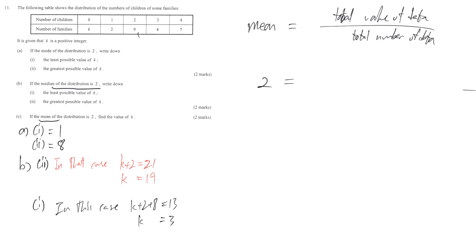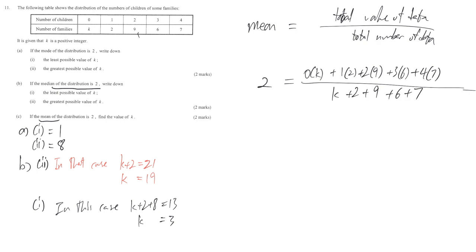And then the total value is 0 appearing k times, plus 1 appearing 2 times, plus 2 appearing 9 times, 3 appearing 6 times, and 4 appearing 7 times. And then the total number is k plus 2 plus 9 plus 6 plus 7. So it simply gives you the relation, and you find the equation with k as the only unknown, so you can solve it.